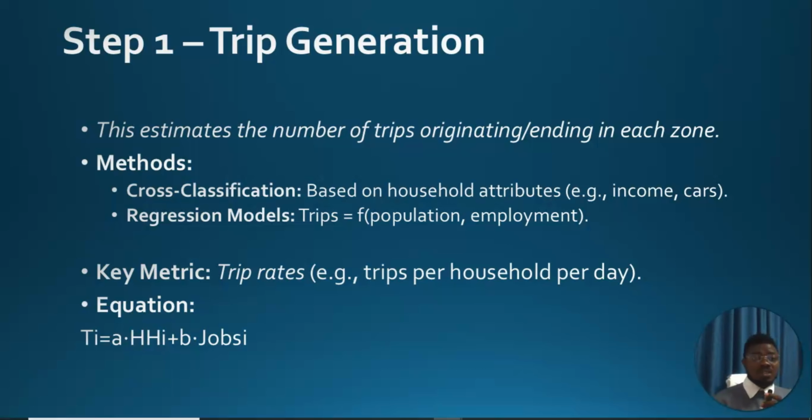Some of the metrics here include the trip rate, that is trips per household per day. And here is the formula for trip generation based on households and jobs.